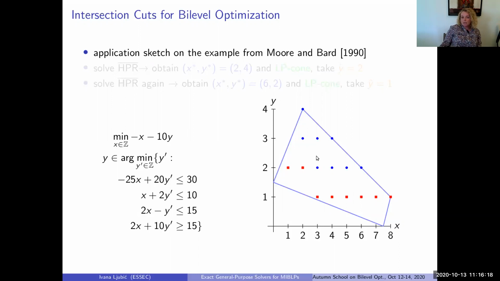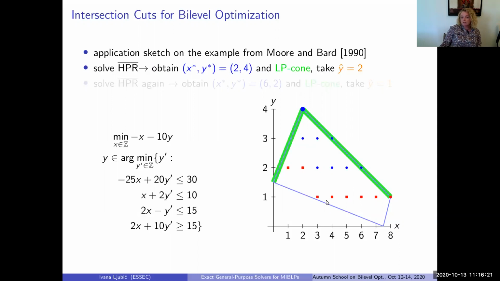If we solve the HPR relaxation, the optimal solution is the point with coordinates 2 and 4. This is also the solution that you obtain by running the simplex algorithm on it. So we get an LP cone here, and we could take y hat equal to 2. Obviously the point x star, y star with coordinates 2 and 4 is not bilevel feasible.